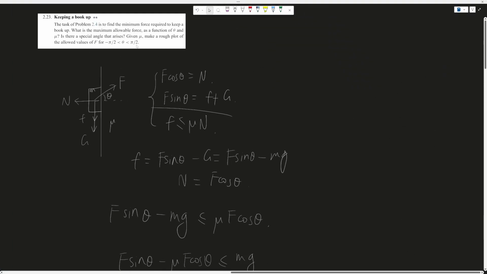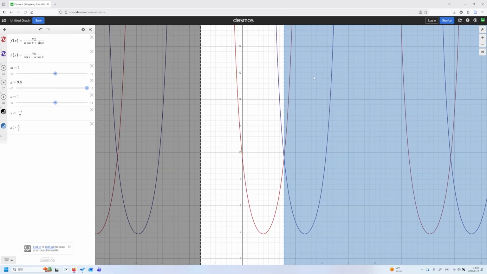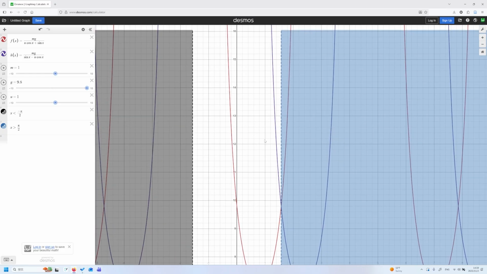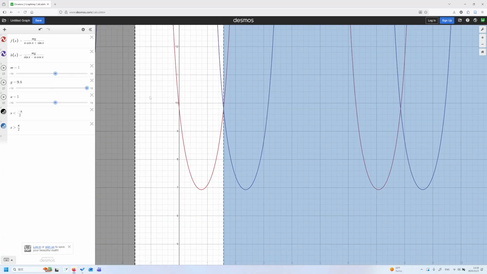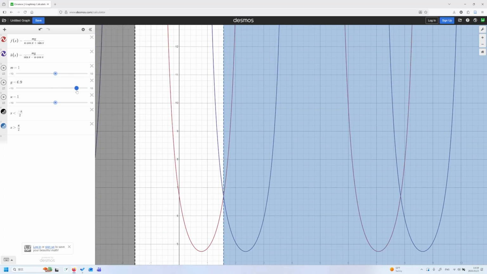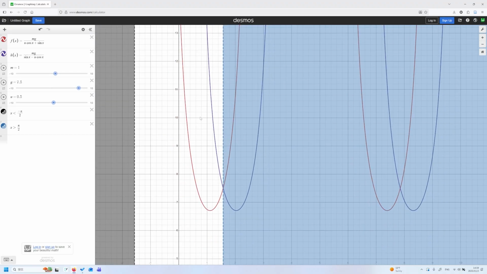So it was pi over 2 to negative pi over 2, and any values outside of that are not considered, and that's why I've grayed them out. The purple line here is the upper bound, and the red line here is the lower bound. Let me drag the graph down a bit so we can see more clearly. So the area between the purple line and the red line is the allowable force.